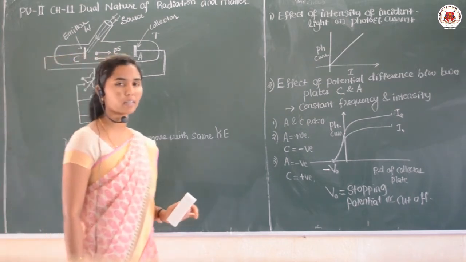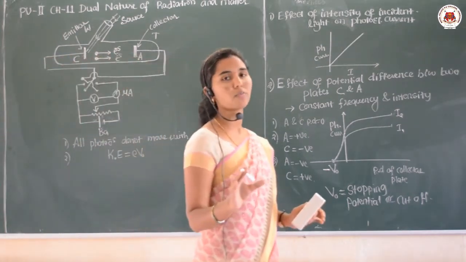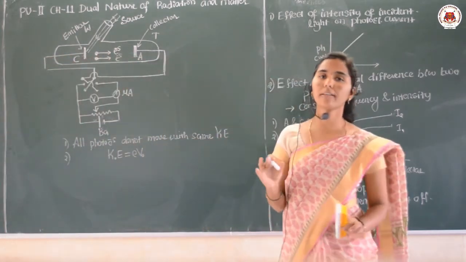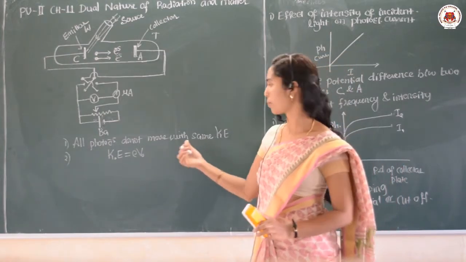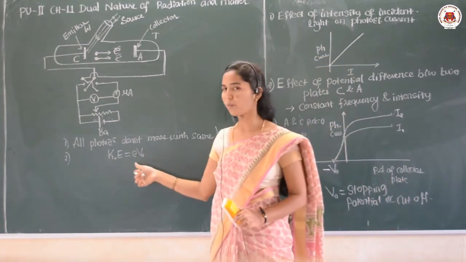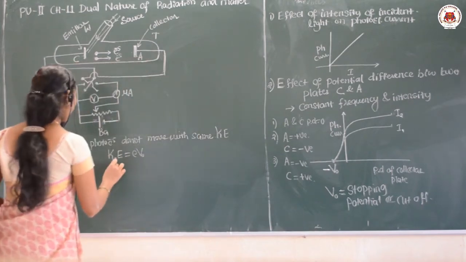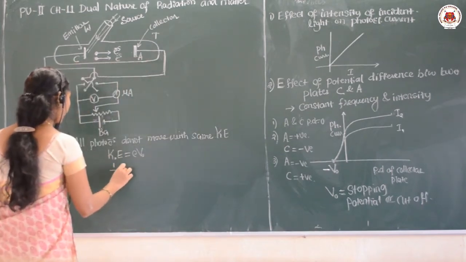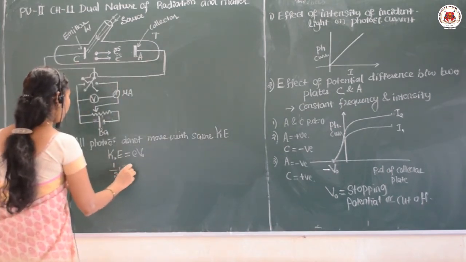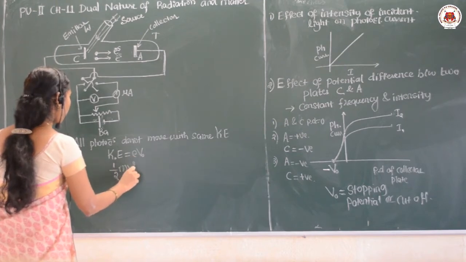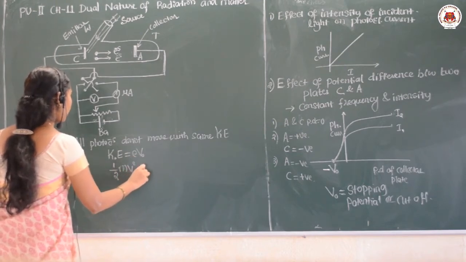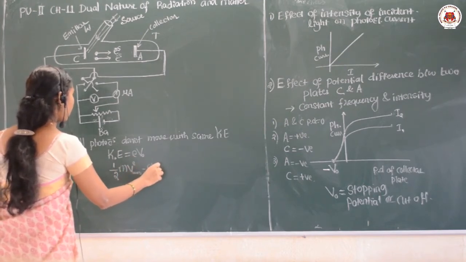We can relate the kinetic energy of the photoelectron with the stopping potential by this formula, and here the kinetic energy is half m v squared maximum, which is equal to eV0.